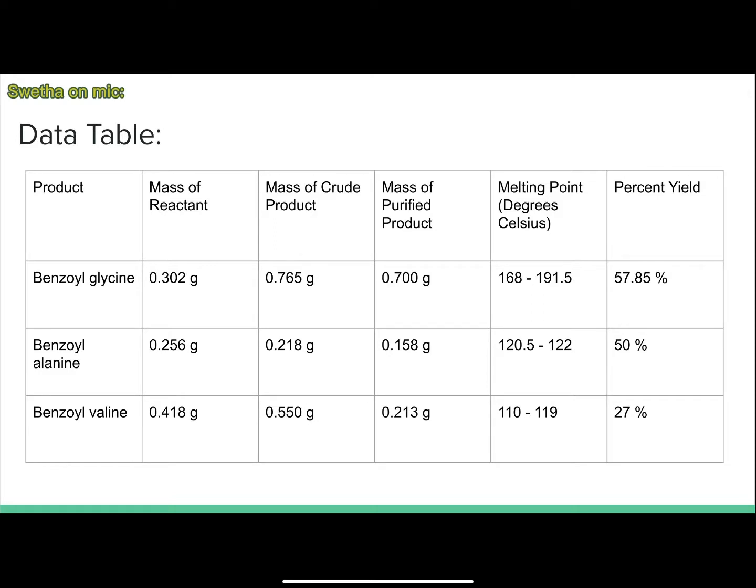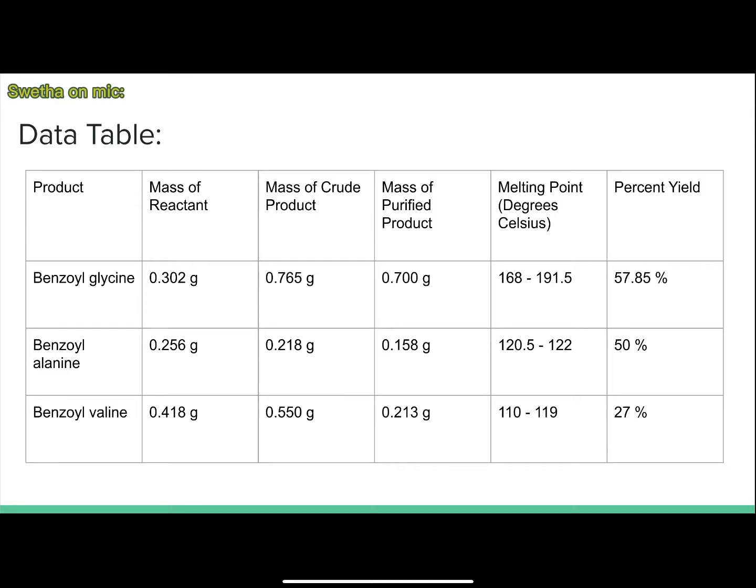For benzoyl valine, the mass of the reactant was 0.418 grams, the mass of the crude product was 0.55 grams, and the mass of the purified product was 0.213 grams, with an overall percent yield of 27% and a melting point between 110 and 119 degrees Celsius.